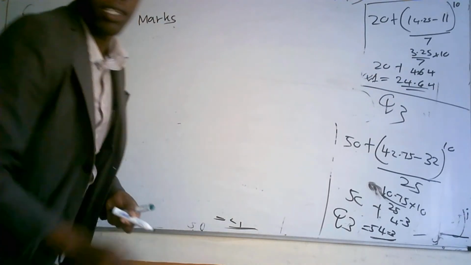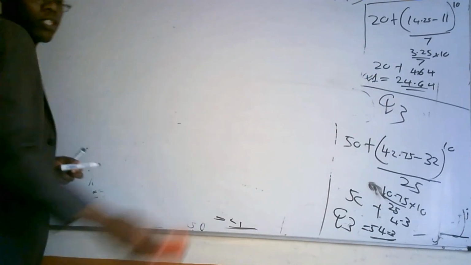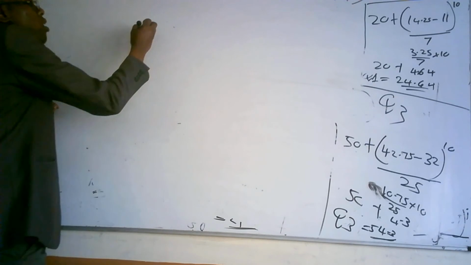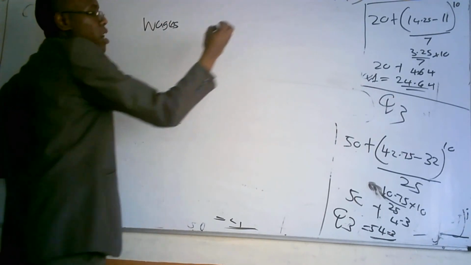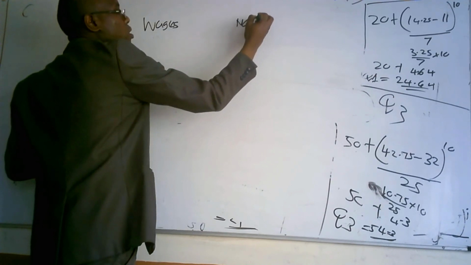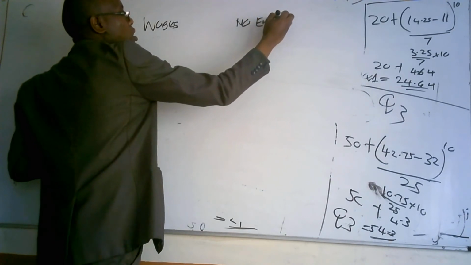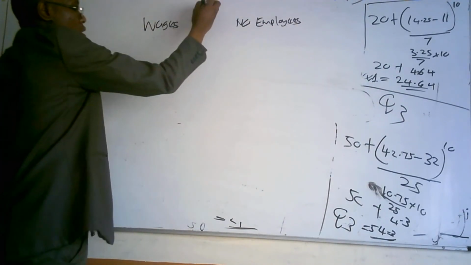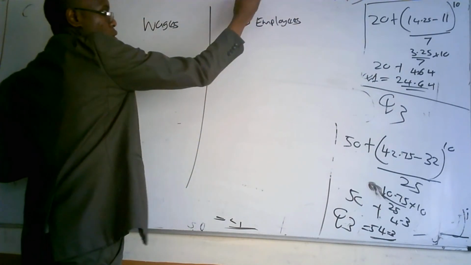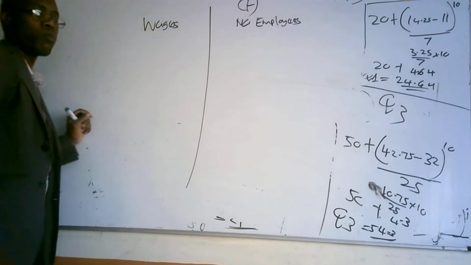Maybe let us change a little bit. We can even use wages, and then we have number of employees. Wages of the number of employees here. So your number of employees will be a frequency.